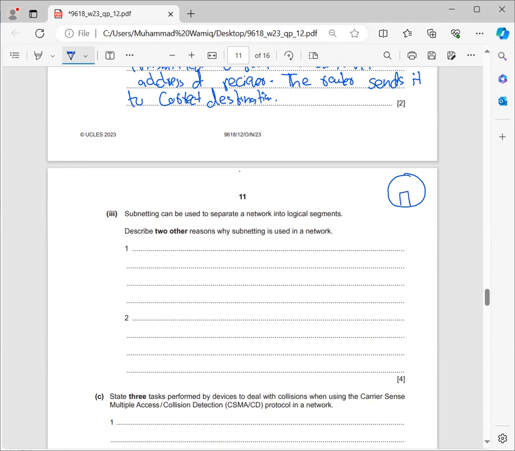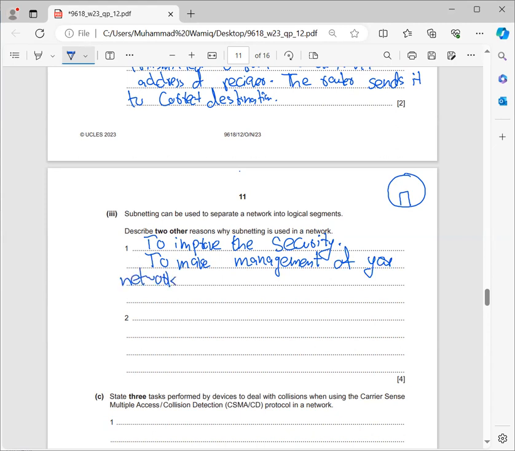And why do you want to do that? The first reason can be to improve security, or you can also write to make management of your network easier or more manageable.